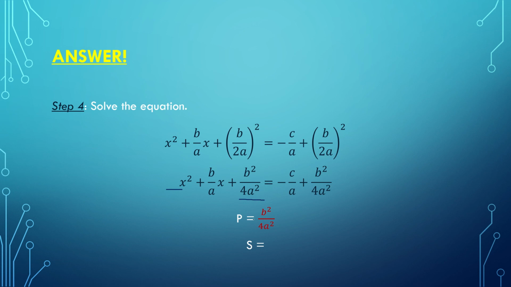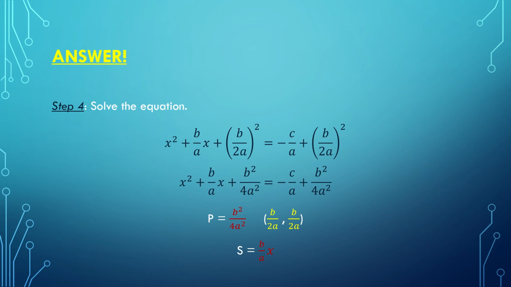What about the sum? The sum is picked as the coefficient of x, which is b over a. Sorry for the x part, it should not be with x. It should just be the coefficient part. So sorry for this, eliminate the x part.